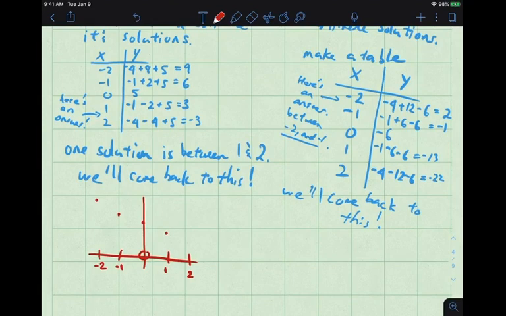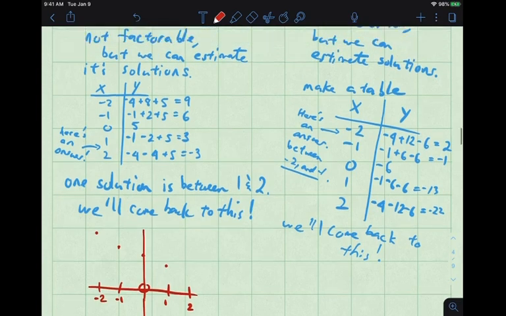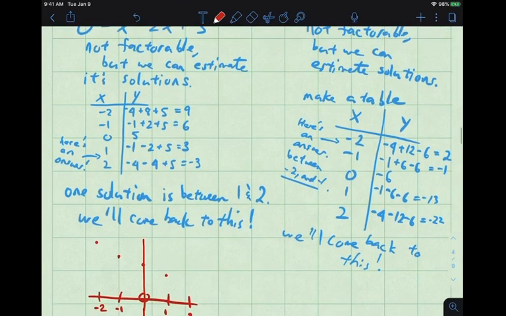So here it goes down to negative 3. Doesn't look right though. I skipped so many values.